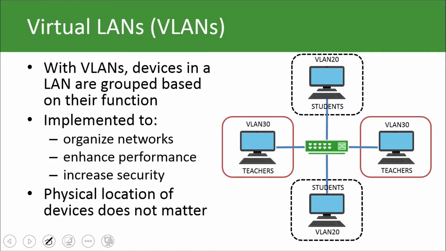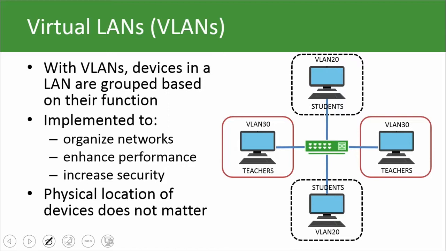And finally, we also have a very special type of LAN called a virtual LAN. Virtual LANs can be wired or wireless. In this example, they're all wired, right? And VLANs allow us to group devices based on their function. So in this example to the right, we've organized our computers on our network based on teachers and students.